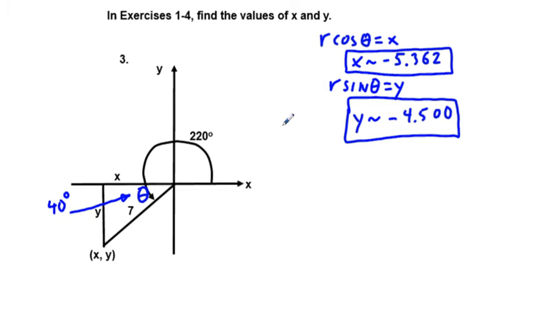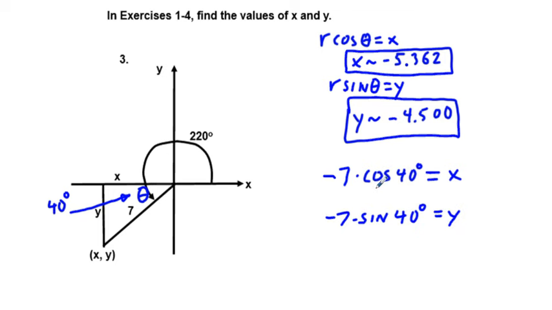And so we can also find our x and y values by taking negative 7 times the cosine of 40 degrees, and why negative? Because we're going down in the third quadrant, and that's going to be x, and our y value is going to be negative 7 times the sine of 40 degrees, and that'll be equal to y.